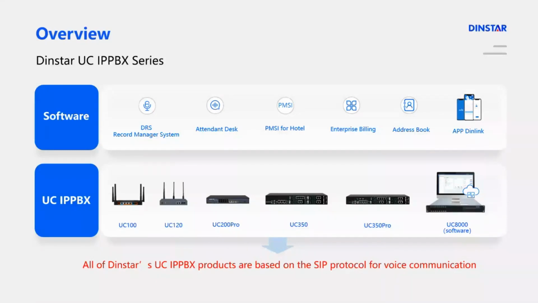These tools turn a basic phone system into a unified communication hub. The Dinstar UC series isn't just a set of devices. It's a scalable, software-powered platform built for businesses of all sizes, from small to global enterprises. Then let's check the details.